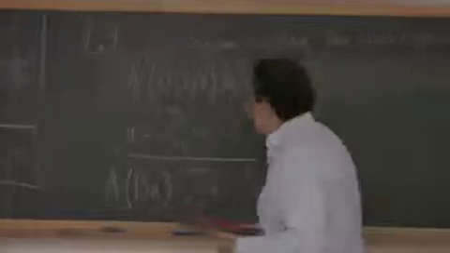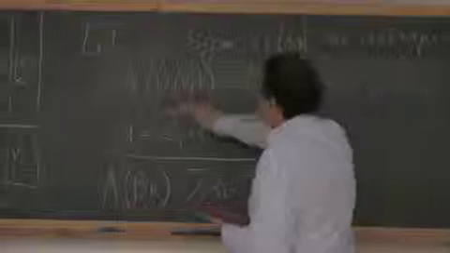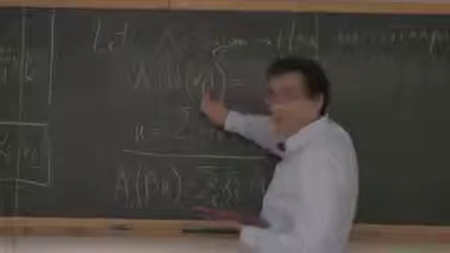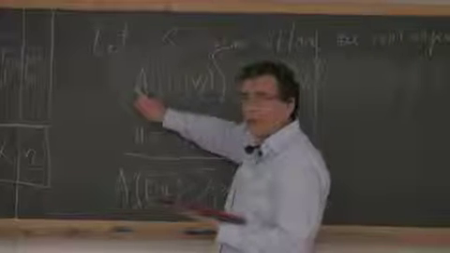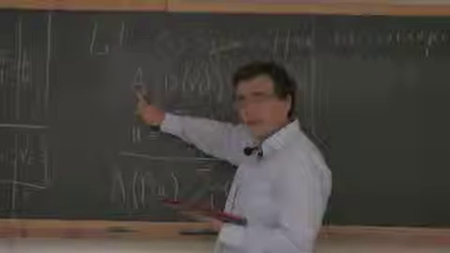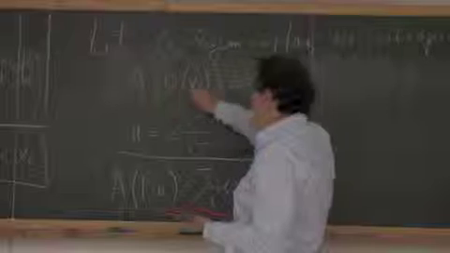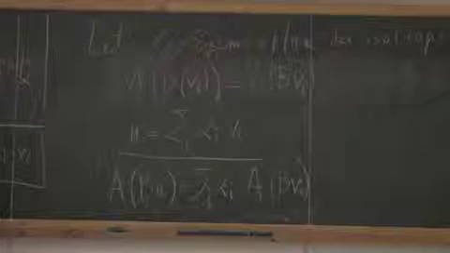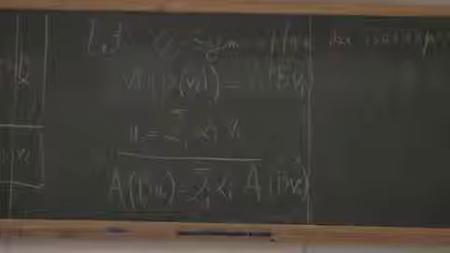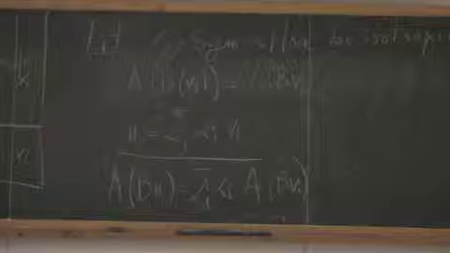Okay? So this is our assumption. If V_i is an eigenvector of A, then B V_i is an eigenvector of A relative to the same eigenvalue.